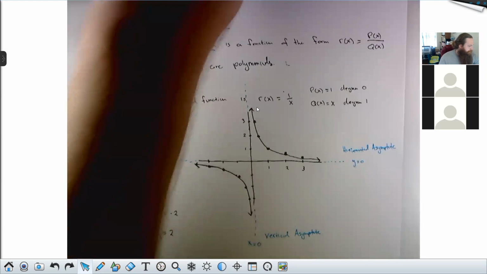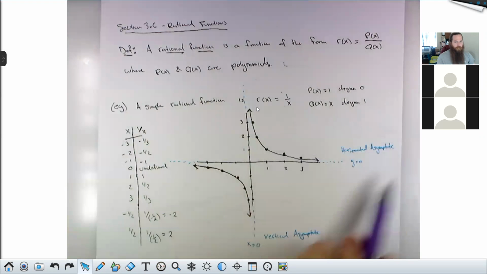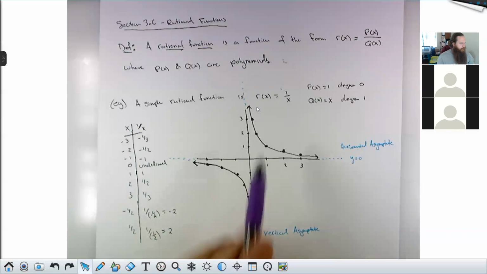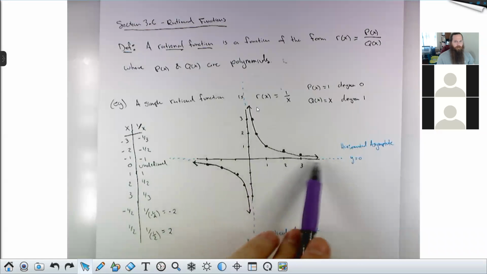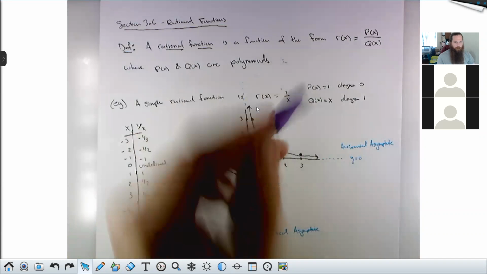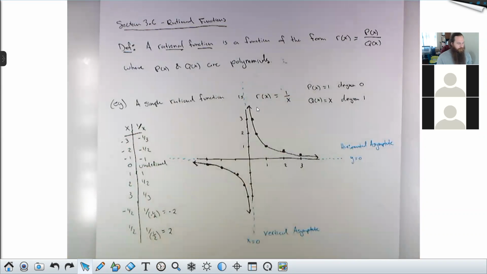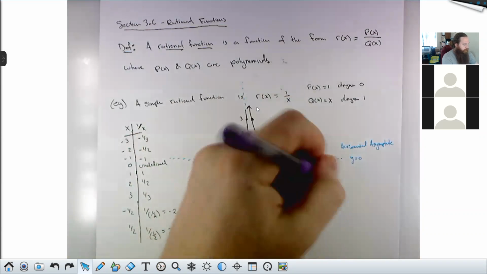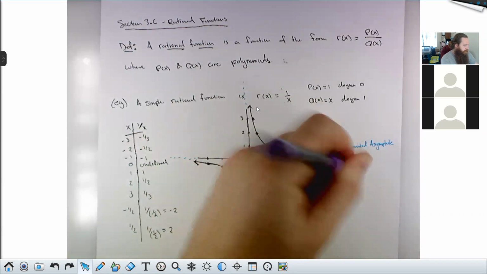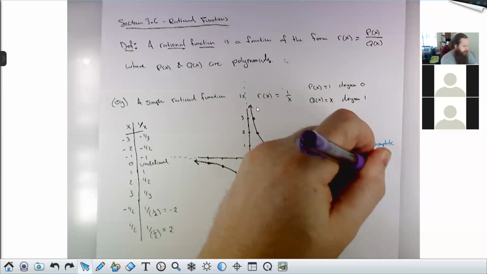Here, to describe this horizontal asymptote, in the goes to notation, what we notice is that as x goes further and further to the right, the y values get closer and closer to 0. So we would say as x goes to infinity, y goes to 0.